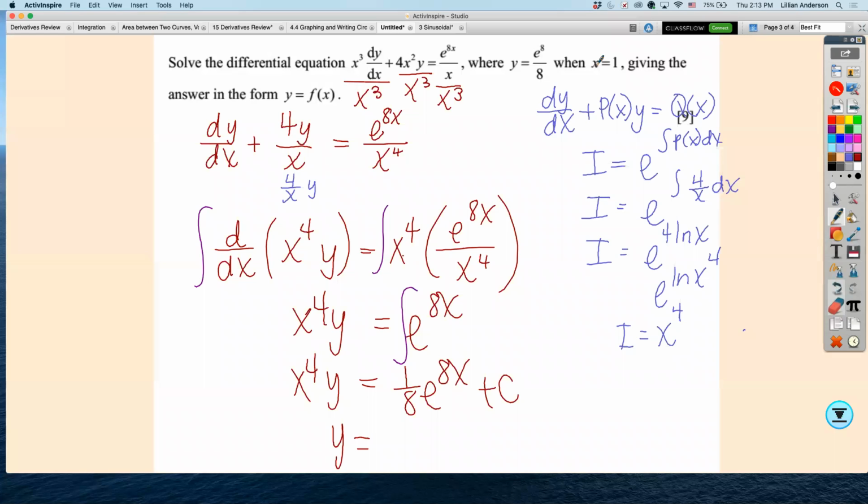Okay. All right. When I divide by x to the 4th, what am I going to have? What's my numerator? E to the 8x, and then 8 times x to the 4, and c's on its own. All right, good. So now let's find c.